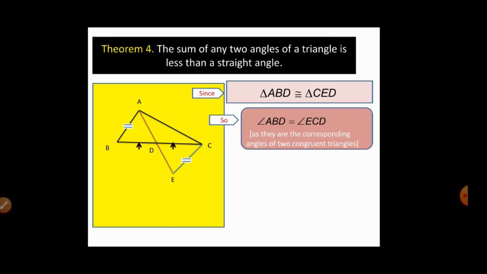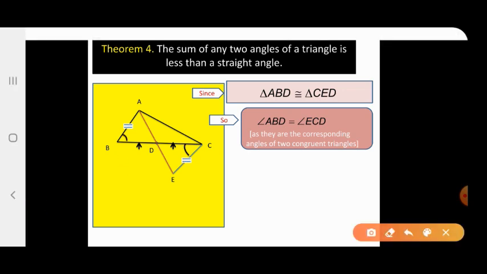Because we see that these two sides are equal, one side of the first triangle and the other side of the second triangle. Also, these two sides are equal. Therefore, their included angle must be the corresponding angle, and this is why angle ABD and angle ECD are equal.